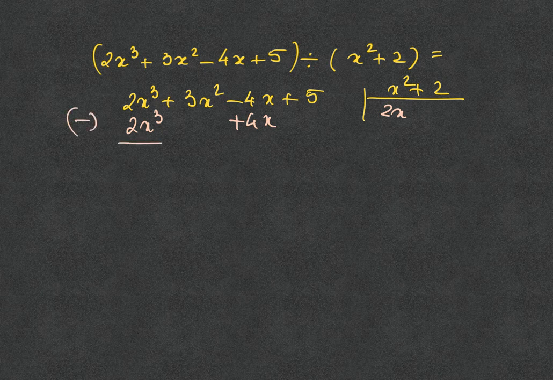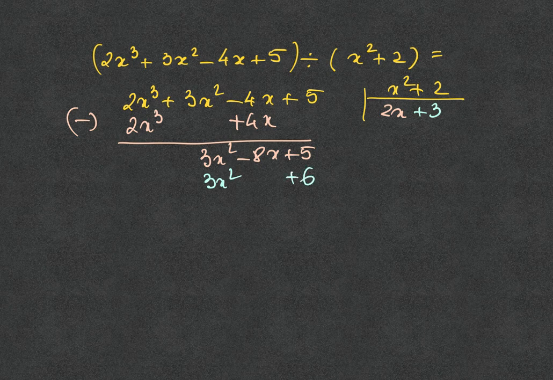I subtract and I get 3x squared minus 8x plus 5. Now 3x squared divided by x squared gives me, well, it gives me 3. So 3x squared plus 6. I subtract and I get minus 8x minus 1, which is a remainder because 8x cannot be divided by x squared.